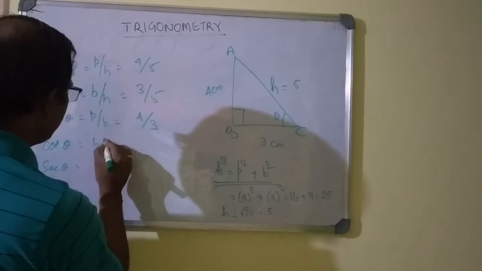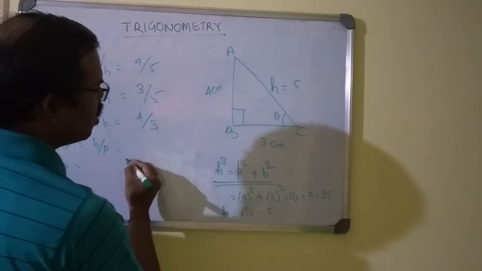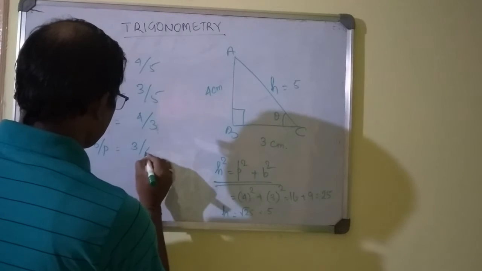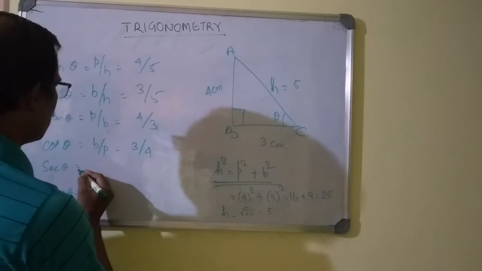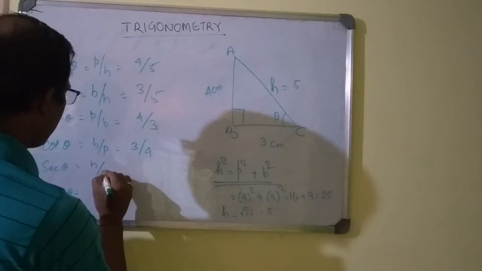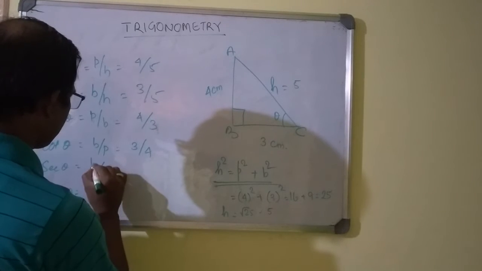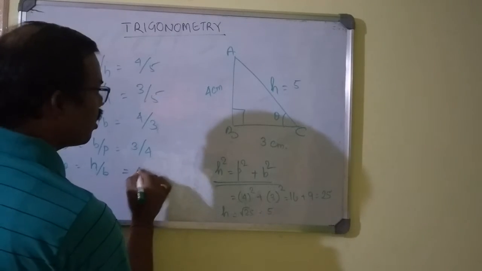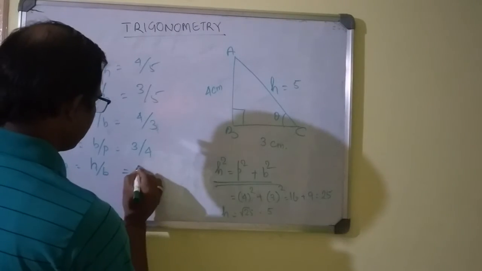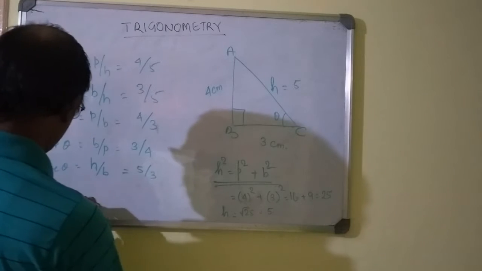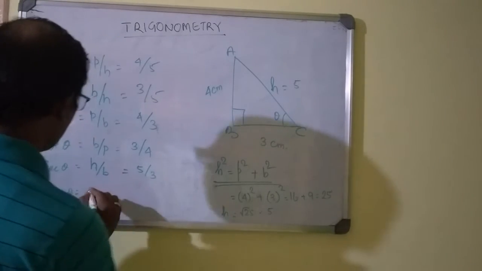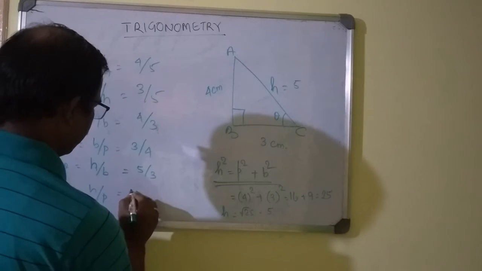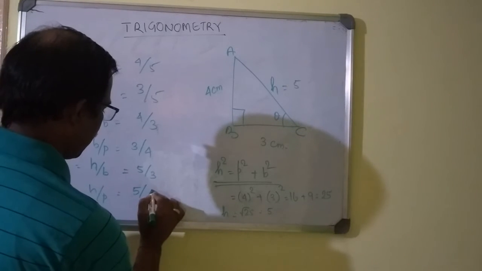Cot theta is equal to b by p, which is equal to 3 by 4. Sec theta is equal to h by b, which is equal to 5 by 3. Cosec theta is equal to h by p, which is equal to 5 by 4.